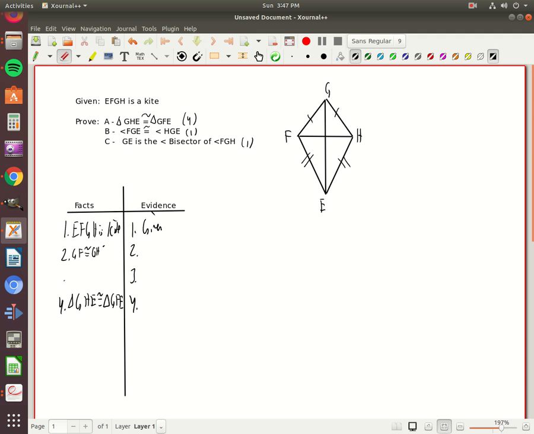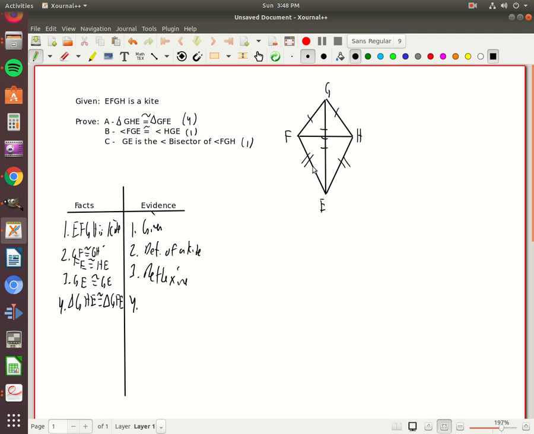I'm not used to it being so small like that. Both of those are true because of the definition of a kite. And now on step 3, I'll say GE is congruent to GE. And hopefully we all know that's the reflexive property.